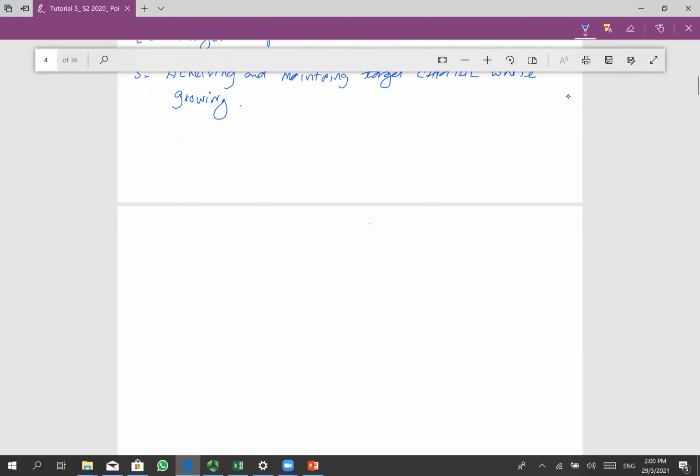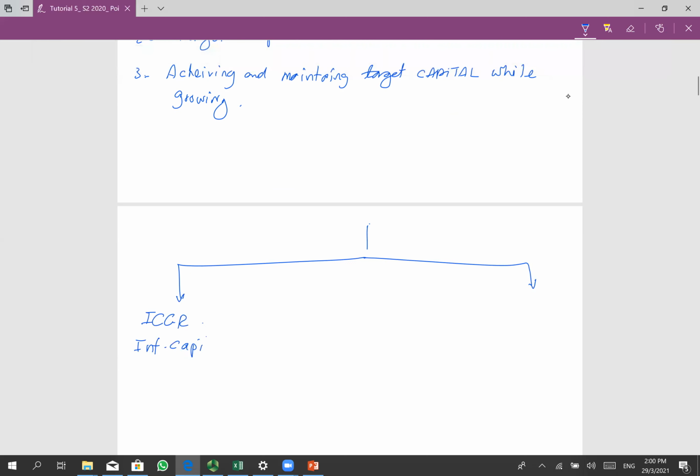One model is called the ICGR, or internal capital generation rate.